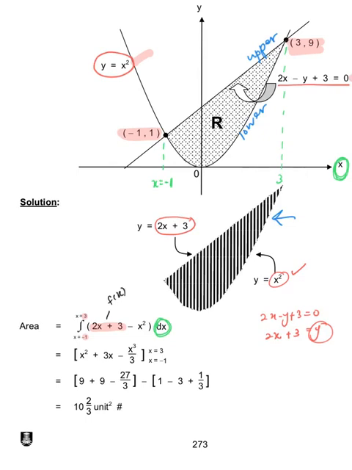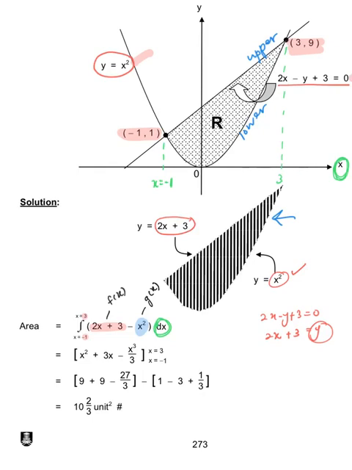The second part, this x squared, will become your g(x). So we have 2x plus 3 minus x squared. There is nothing to simplify here, so you just proceed with the integration step.